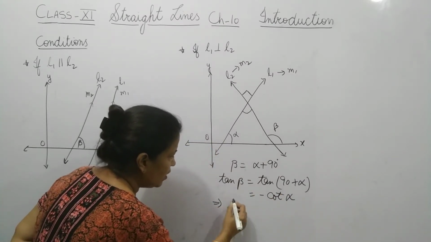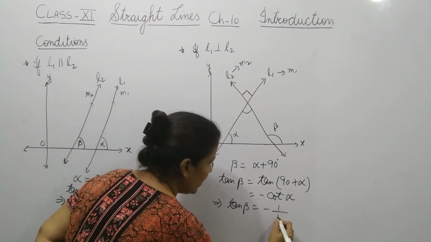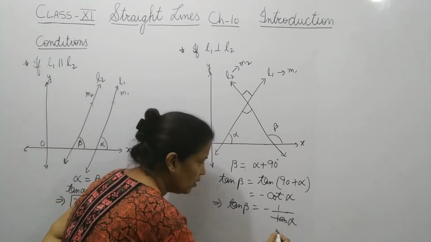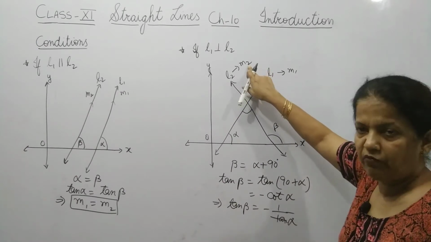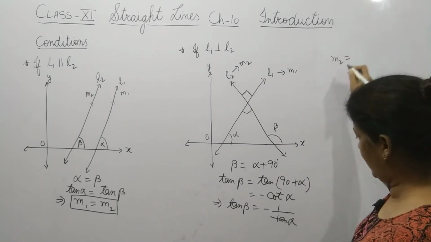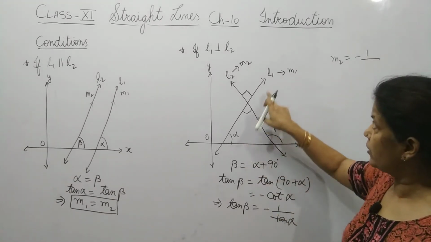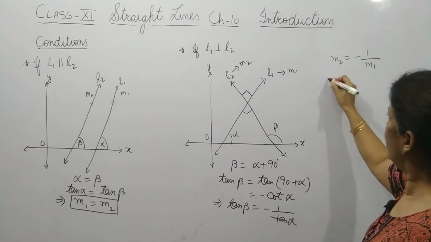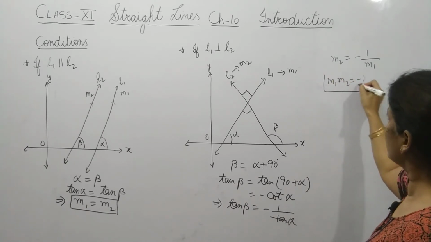So from here tan beta equal minus 1 by tan alpha. Okay. Now tan beta slope is m2 and tan alpha slope is m1. So from here you will get m2 equal minus 1 upon m1. So from here cross multiply, m1 m2 equal minus 1.